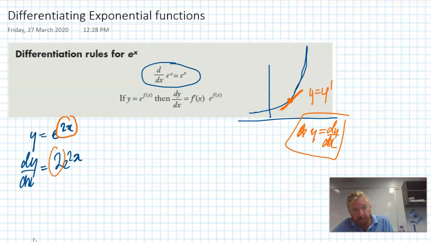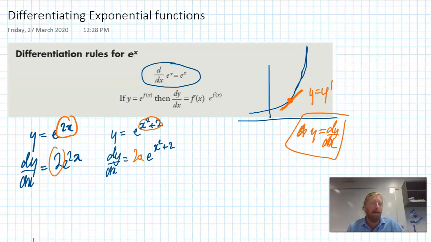So just a quick example, y equals e to the, put it to a quadratic. That means dy dx equals, the derivative of this is 2x, and that exponential function remains the same.